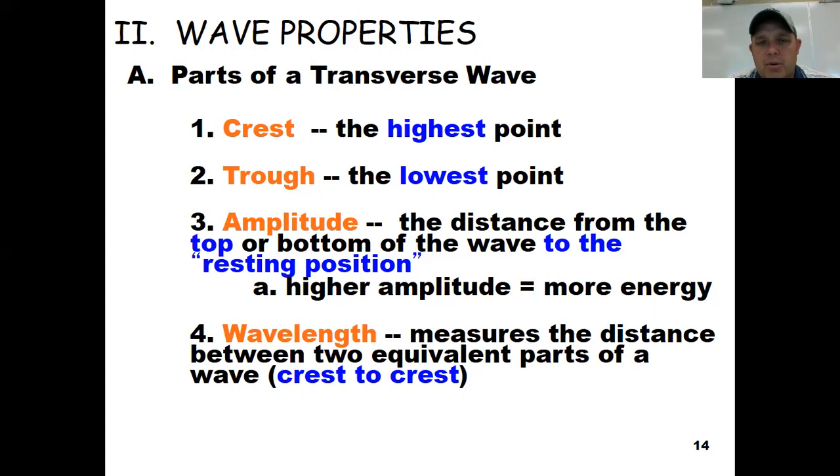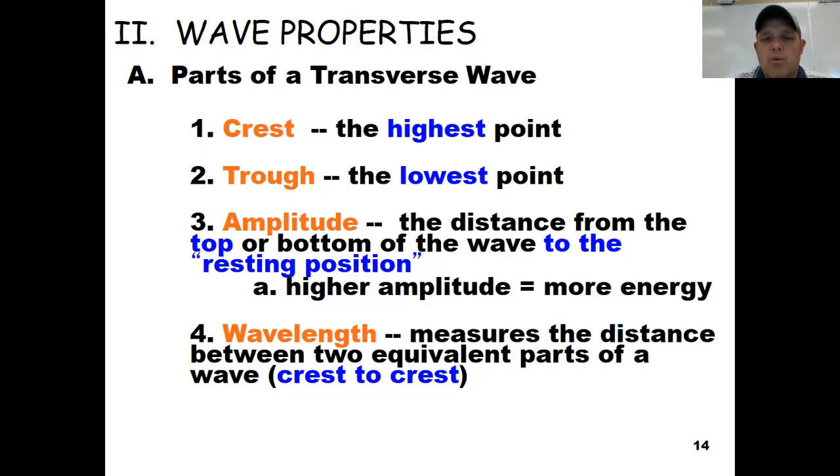and the amplitude. This is the distance from the top of the wave down to what we call the resting position. And that's that middle line. And I'm going to show a picture of that in a little bit. Or you can also measure it from the bottom to the resting line. And remember that resting line is right in the middle. And number four, wavelength.